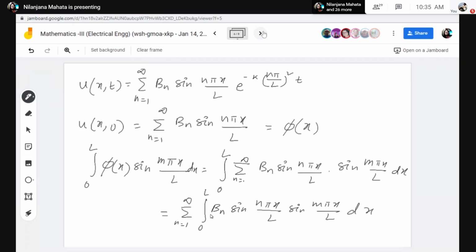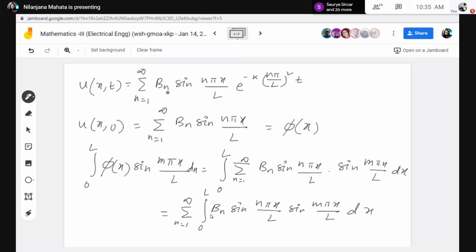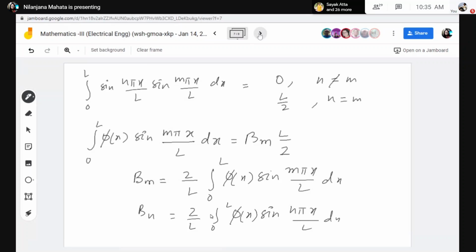This integration is needed only if you don't remember this form; if you remember, you don't have to do these steps. You will find your b_n in this way. Phi(x) will be given for a given problem, then you substitute this b_n here, all are known, so you have got your u, that is your solution.